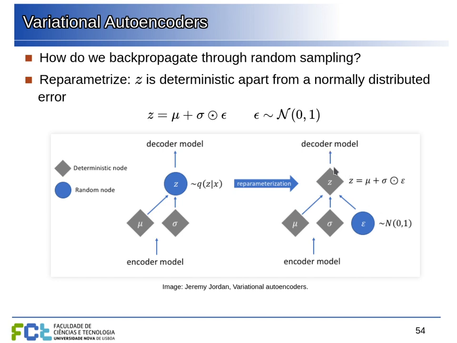So this means that backpropagation cannot go this way because we are drawing this at random, but it doesn't matter because we don't have parameters to adjust here. It can go through the rest of the network in the mean and the standard deviation and all the encoder, because that part just uses these operations.